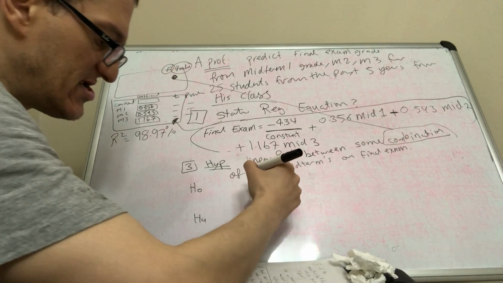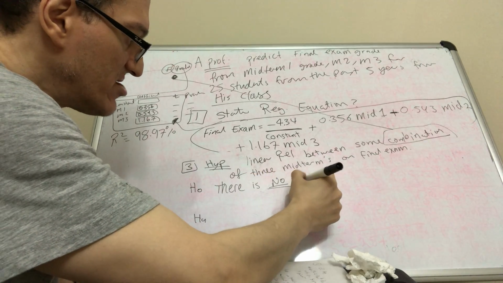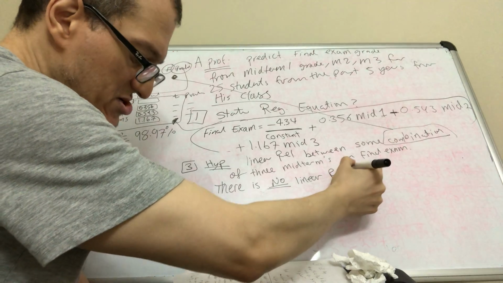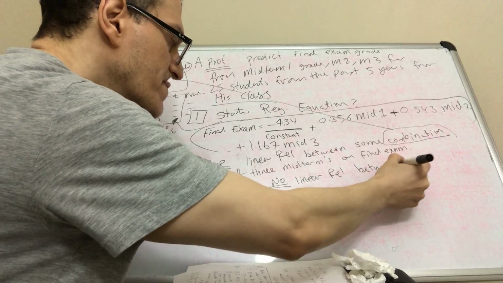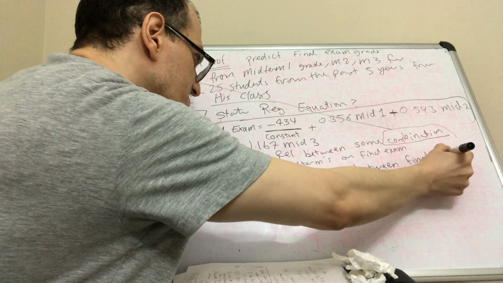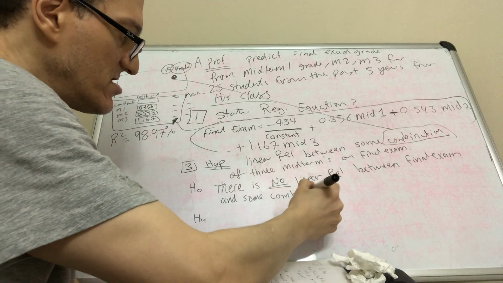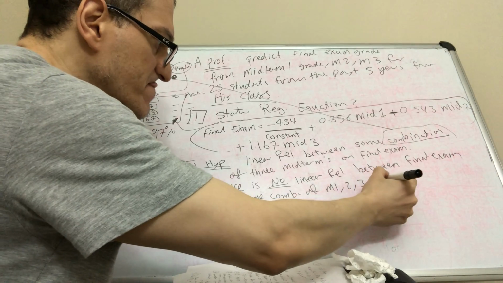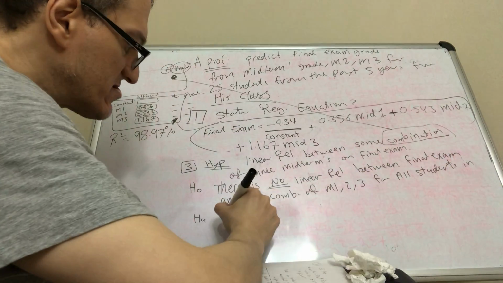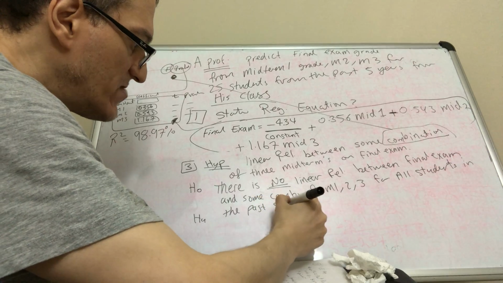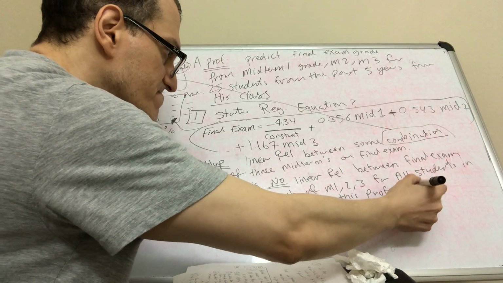In the null hypothesis, you say there is no linear relationship between final exam and some combination of mid 1, 2, 3 for all students in the past 5 years in this professor's class.